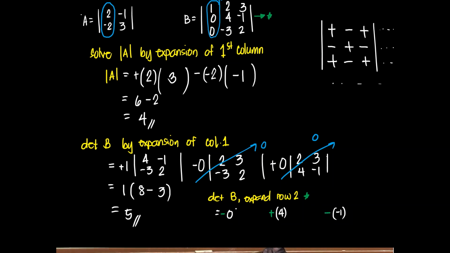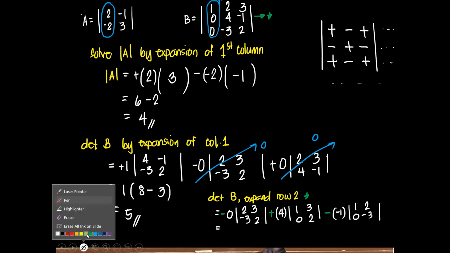Now, what are the minors? The minor of 0 here is 2, 3, negative 3, 2. Of 4, that's 1, 3, 0, 2. For negative 1, it's 1, 2, 0, negative 3. So here, the first one, we don't have a problem.